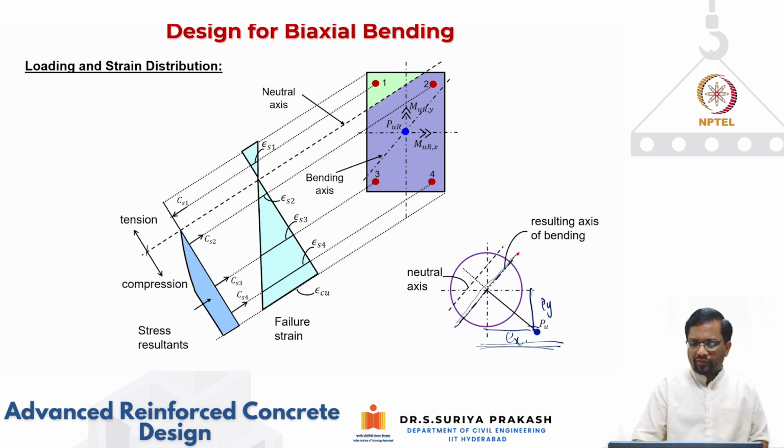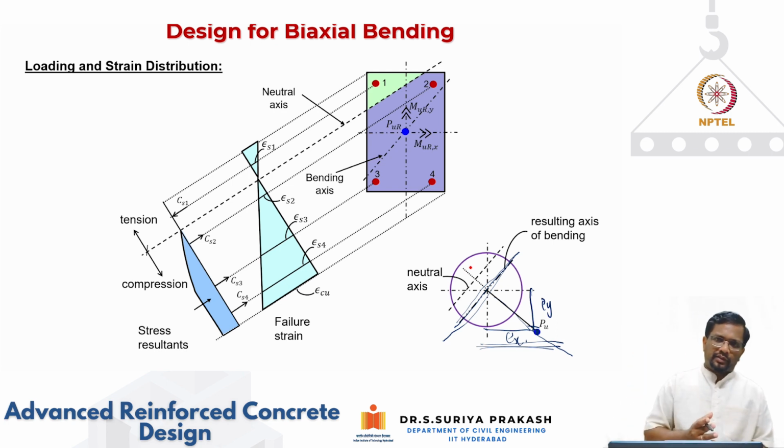If you know the axis along which this is moving, perpendicular to that is your resultant axis of bending, and you will find that the neutral axis will always be parallel to the resultant axis of bending because the section is axisymmetric.